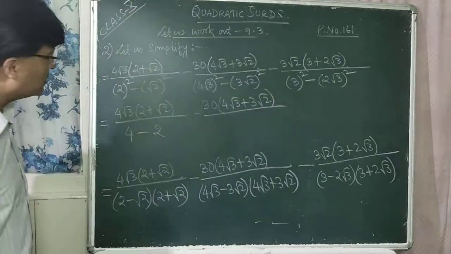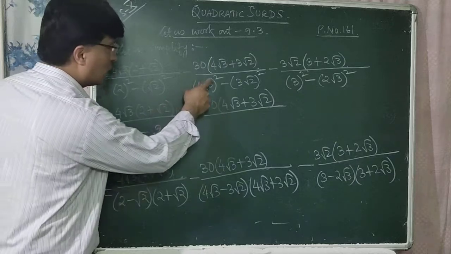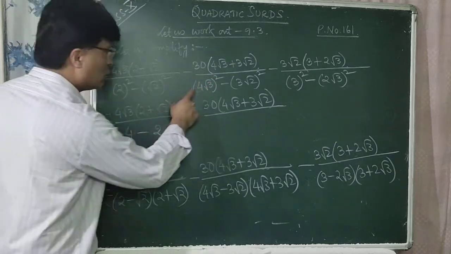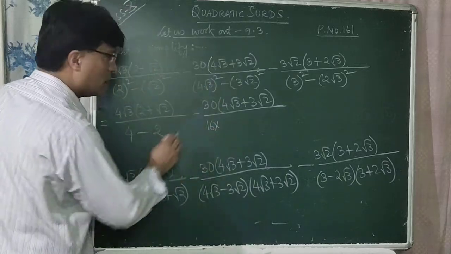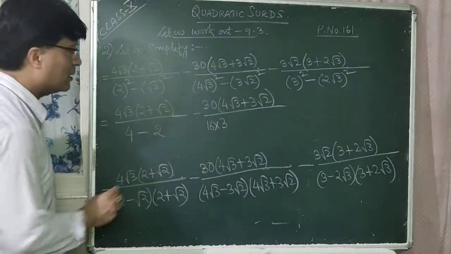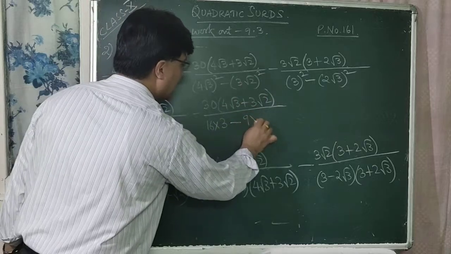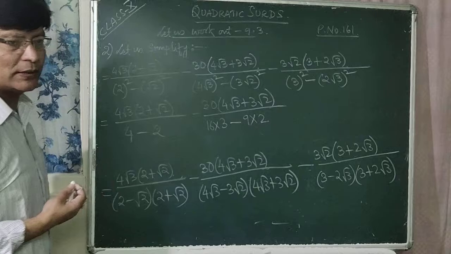Now look at the blackboard. This is now (4√3)². Now this square is for both 4 and √3, isn't it? So what is 4 square? 16 into, what is √3 whole square? Only 3. Okay. Similarly minus, what is 3 square? 9 into, what is √2 whole square? 2. Right?